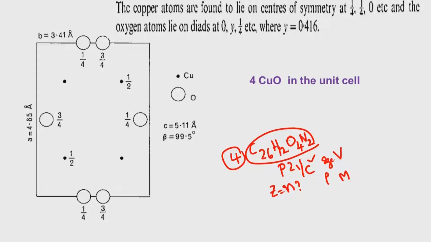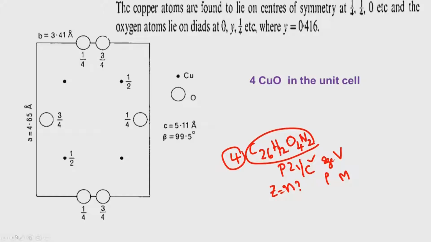In these cases we do not know where the atoms are going to sit. 4 general positions, 26, 12, 4 and 2 atoms have to be distributed. We do not know how these atoms are connected to each other and so on. Therefore, we have to do the structure determination, and there we use X-ray diffraction as a technique to determine this, and we will see how we do that in the coming classes.